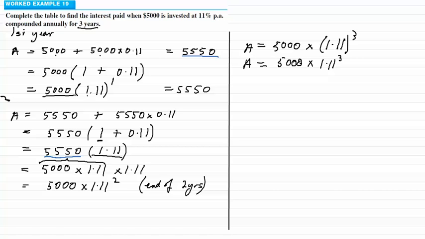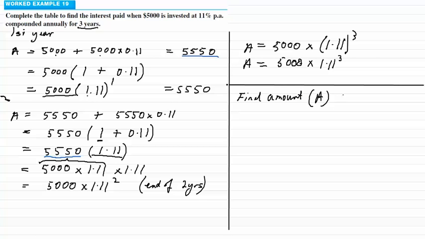So in general, to work out compound interest, let's summarise what we have here. So the final amount that you'll have after n years. So here, this is after 3 years, is going to be given for a principal.